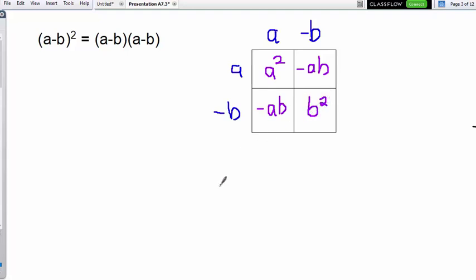So again, we come up with a pattern. Our pattern is A squared, this time it's minus 2 times A times B, and B squared will end up being positive. There's only one place that I ended up having a negative sign, and that is right there. The pattern was identical to the last pattern, except for that negative sign.